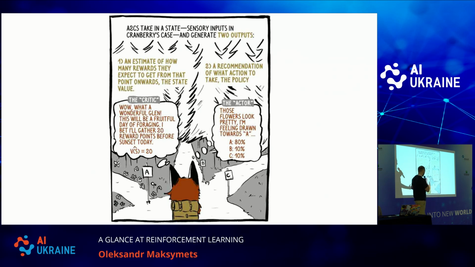It says, here is the probability with which I advise to take each action. There are more flowers here, so let's go here with 80%, and the other choices will have 10%. Then we sample the action, and depending on a random number, most probably A will be chosen here.